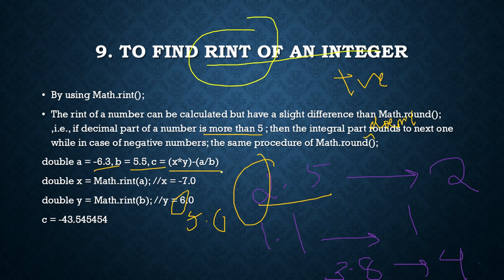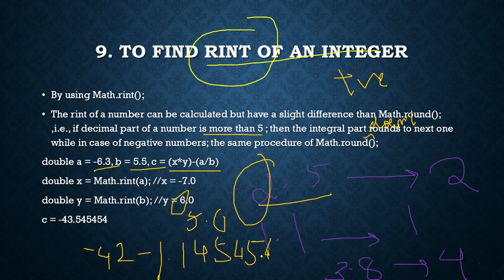Now you have to take x into y minus a by b. What is x? Minus 7 into 5, which is minus 35, minus a divided by b, minus 6.3 divided by 5.5. If you divide it, you get 1.145454.